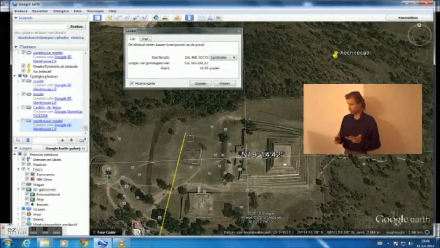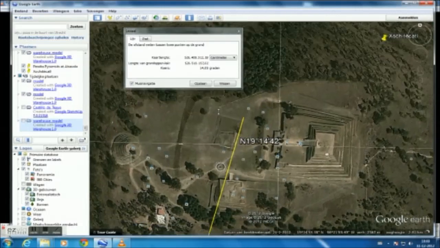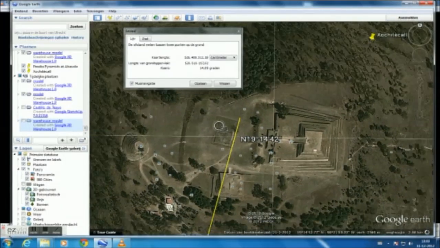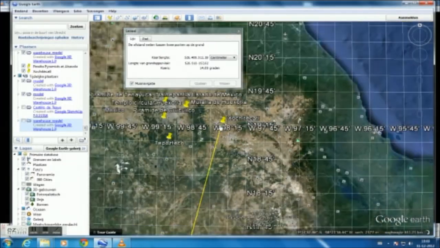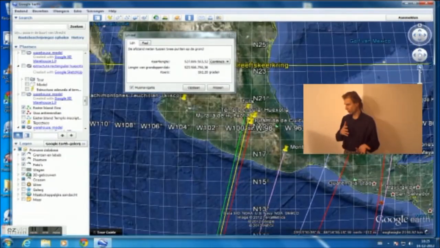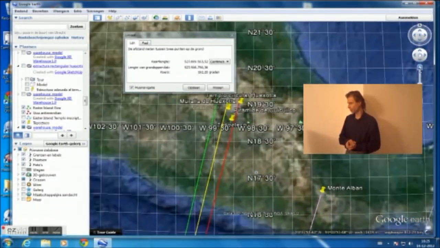I checked a few other parts of the same area, but no match really. And then we still have Tepozteco. We zoom out and we're going over there.